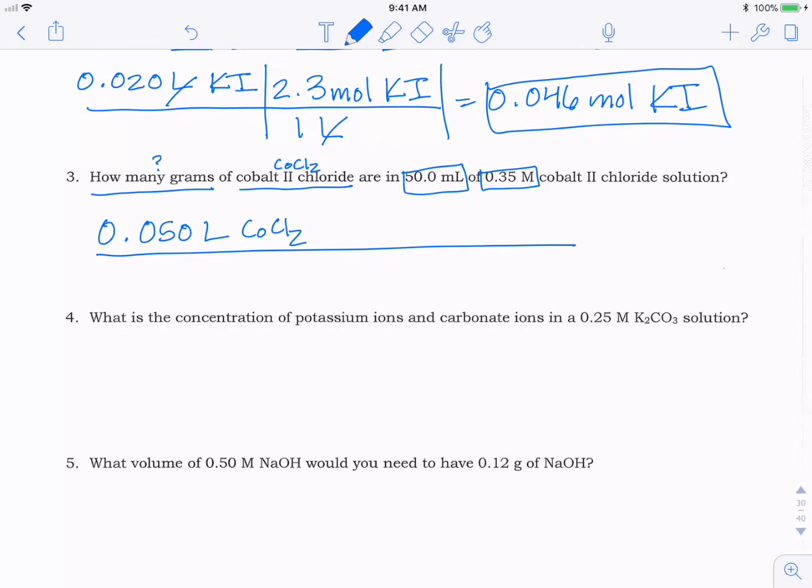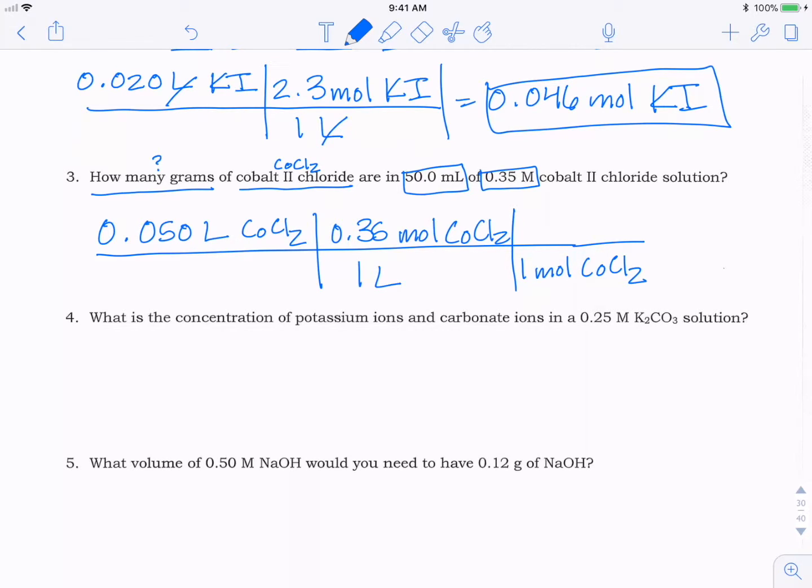And molarity is in the unit of liters, so we have to do the conversion back and forth. All right, for every 1 liter of solution you have 0.35 moles of that solution. And we want to get to grams, so we know we have to cancel out moles. So there's 1 mole of cobalt chloride. I got to look up the molar mass again.